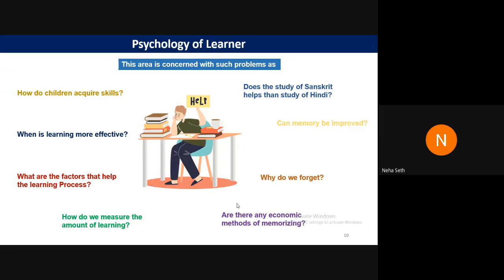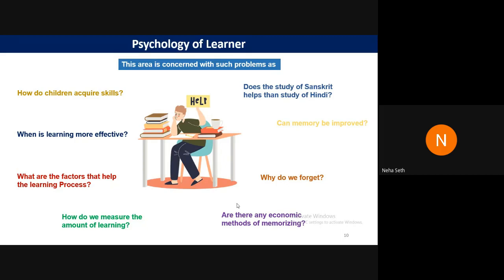Like, does the study of Sanskrit help more than the study of Hindi? Is it a way through which we can improve our memory? Why do we forget things? Why can we not remember everything all the time? Are there any economical ways of memorizing things? How do children acquire skills? When is learning more effective? What is the time? What are the methods that we need to follow?